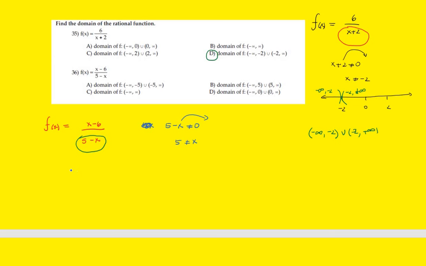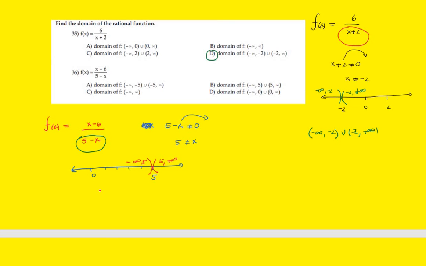The same thing. We put the number line here. So let's put here 0, 1, 2, 3, 4, 5. Which number doesn't work? Well, the only one that doesn't work is 5, so you will go from -infinity all the way up to 5, and then 5 to plus infinity. That's it.